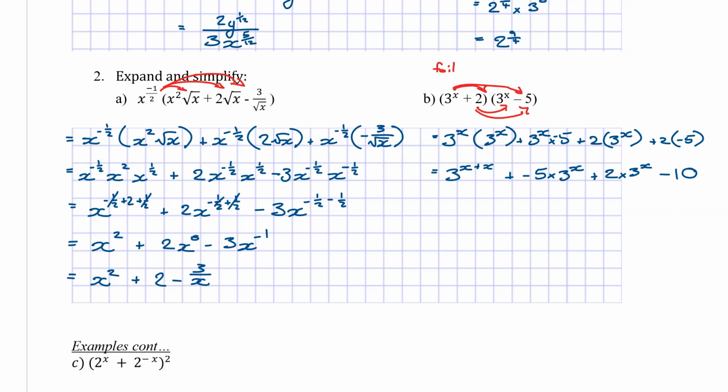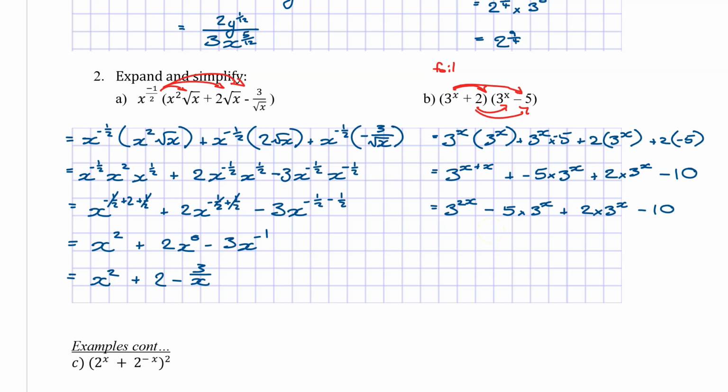Alright, moving onwards, we're going to get 3 to the 2x minus 5 times 3 to the x plus 2 times 3 to the x minus 10.